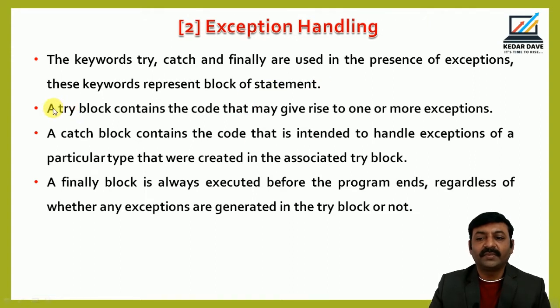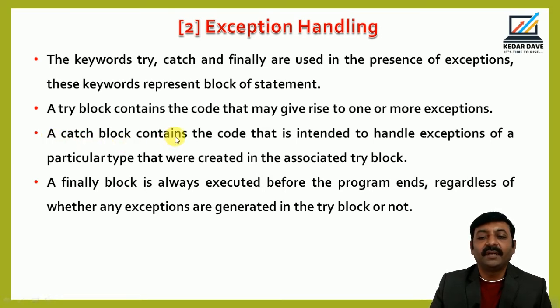So what is the first one? It is the try block. It contains the code that may give rise to one or more exceptions in Java programming. The second one is the catch block.